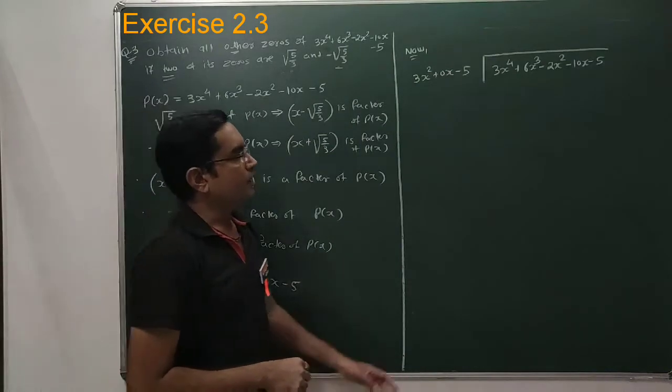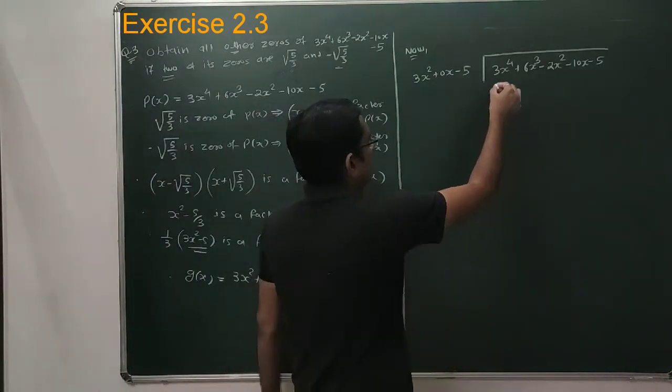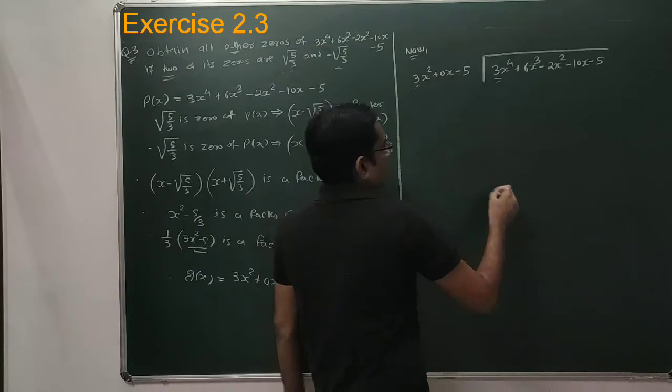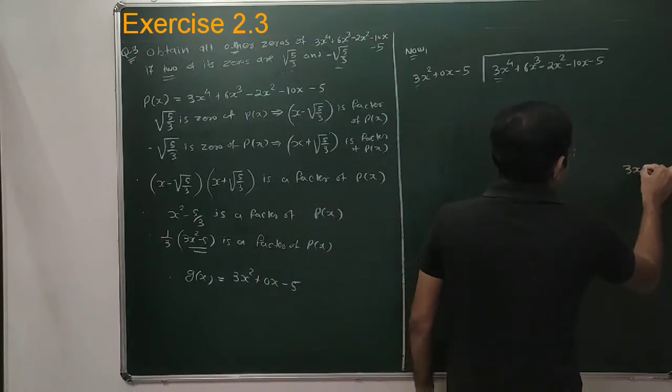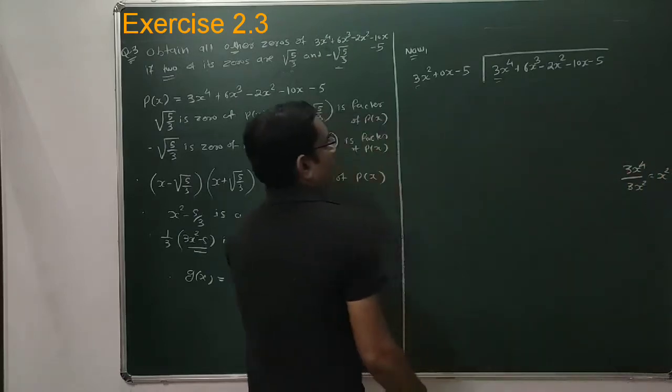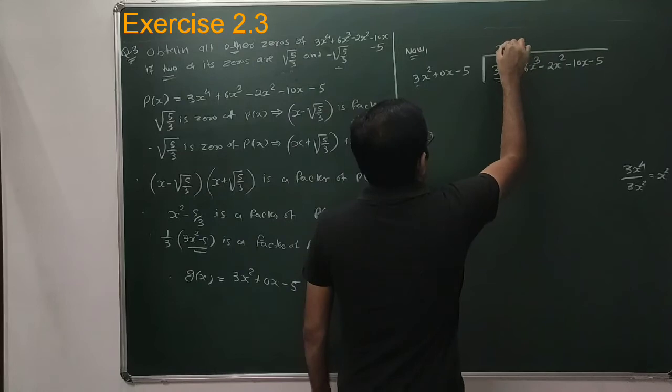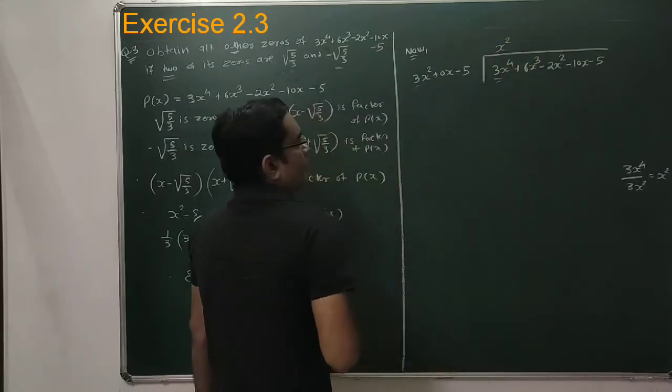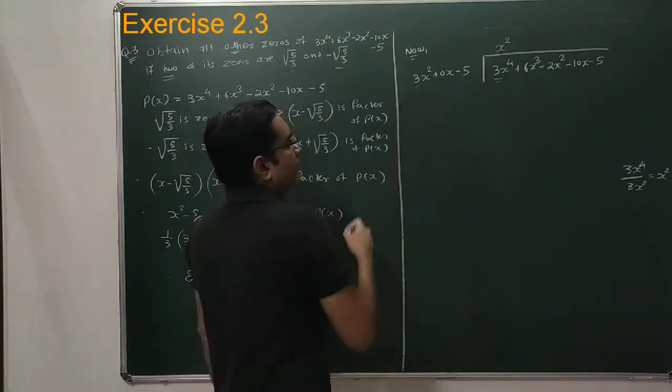Done? Now again consider long division. You have to consider the leading terms, which is 3x raised to 4 divided by 3x square. So this will be x square, which gives the quotient part.